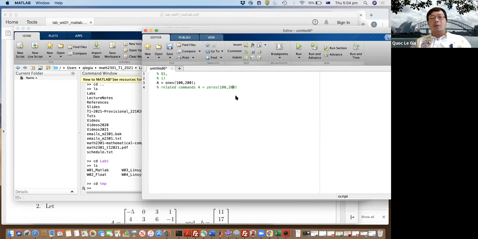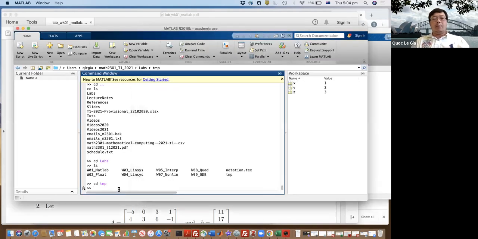Or you can have an identity matrix. So if you have an identity matrix of the size, say 100, I for identity. So you can check. Suppose I put in A, so you see my command window, yeah? A zeros, so just take a small number, say 2 and 3.